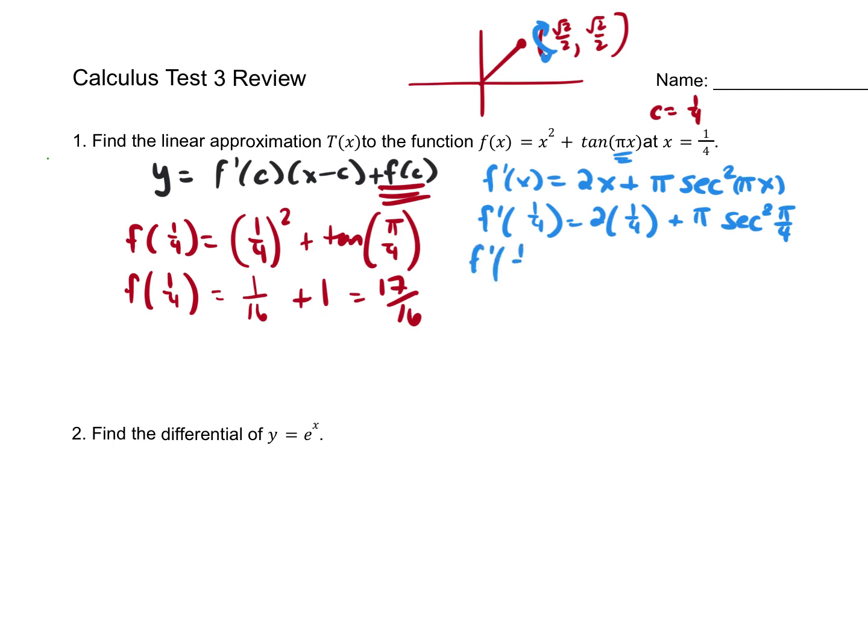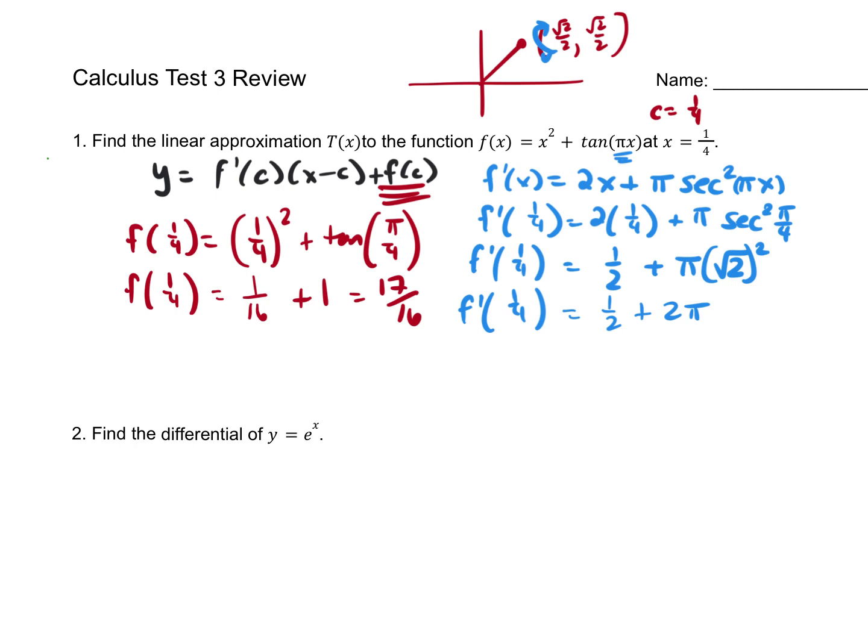So f prime of 1/4 is just 1/2 plus pi times the square root of 2 squared. And again, secant pi over 4 is just the reciprocal, 2 over radical 2. You can rationalize the radical 2. So f prime of 1/4 is 1/2 plus 2 pi, because radical 2 squared is just 2.